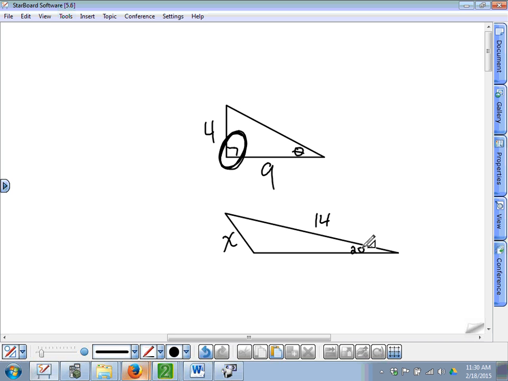We can't use any of that stuff we learned because this is not a right triangle. This is a right triangle, this is not a right triangle. That's why we have to have today's lesson using what's called the law of sines. You can figure out what x equals, but it's a different process. So it involves only sine.